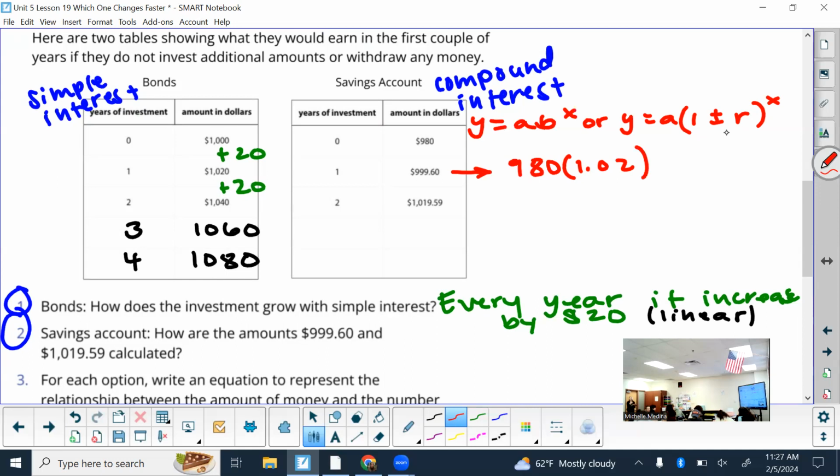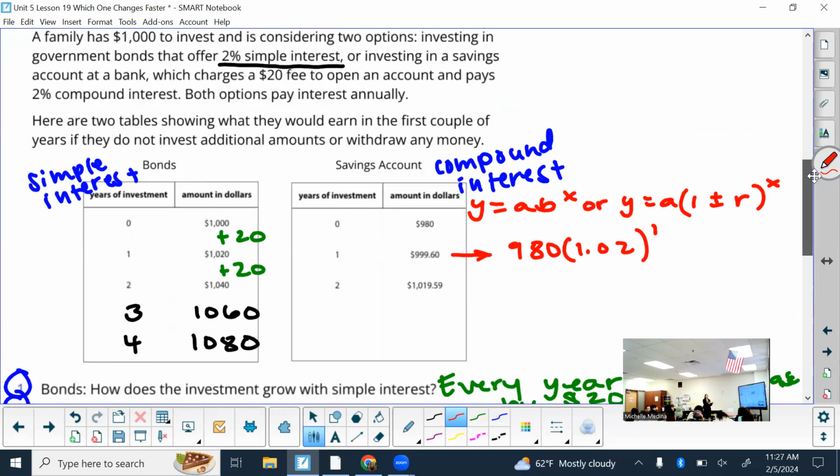And then class, what should the exponent be for year 1? They're applying the interest annually, that means yearly, so once each year. That's how they calculated it, you can put it in your calculator if you don't believe us. What would be the only difference for this next one? The exponent would be 2.